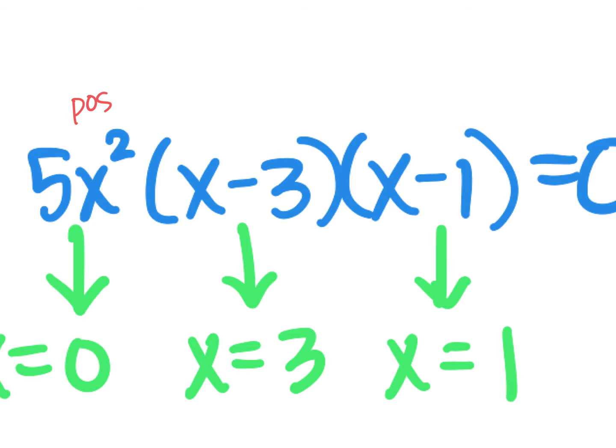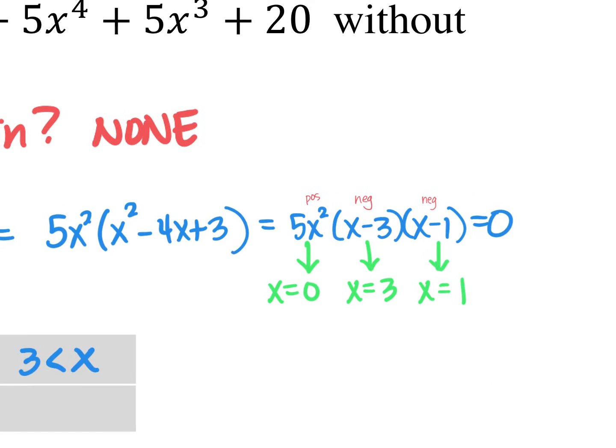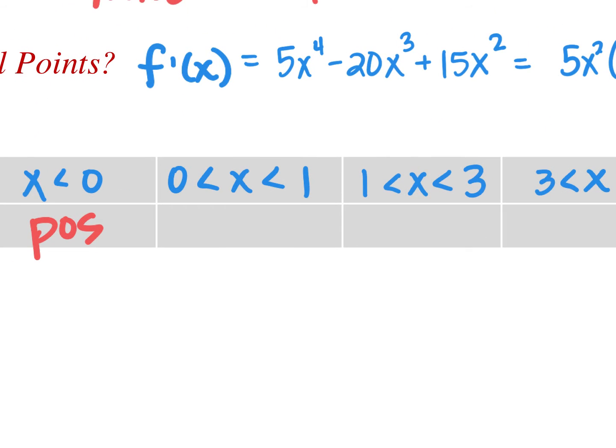Okay, when you plug a half into x minus 3, what do you get? Half minus 3. You get negative. Okay, and when I plug a half into the third part, what do I get? A negative. All right, so ultimately you got the same thing. You got a positive and 2 negatives. So that means this section is positive.